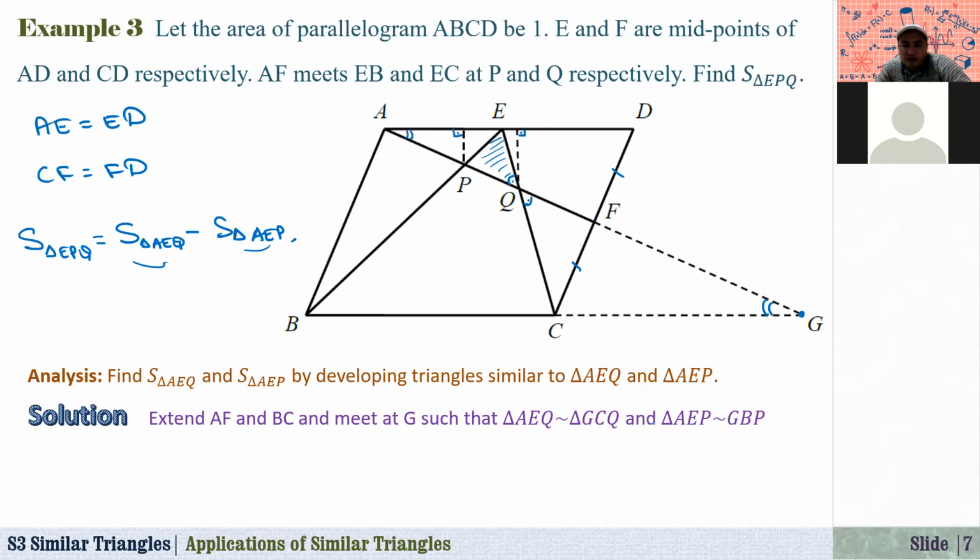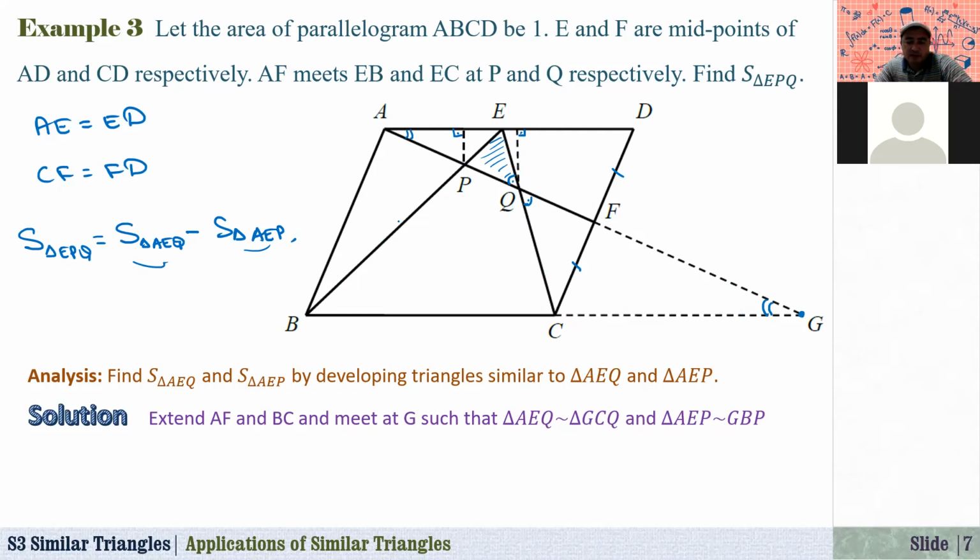And also triangle AEP is similar to triangle GBP. Why?